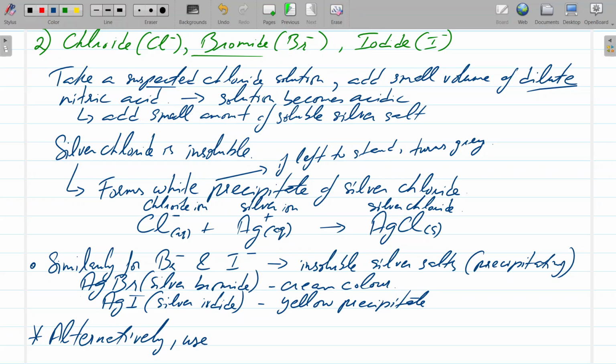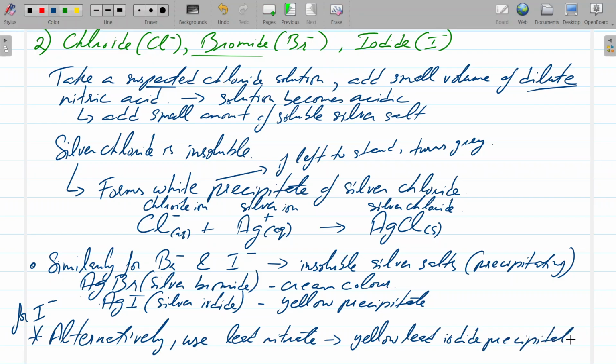You use lead nitrate for the iodide, and it will give you a yellow lead iodide precipitate, PbI2. Any questions? No.